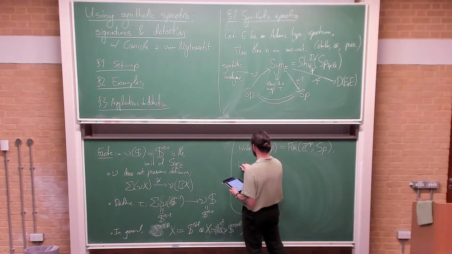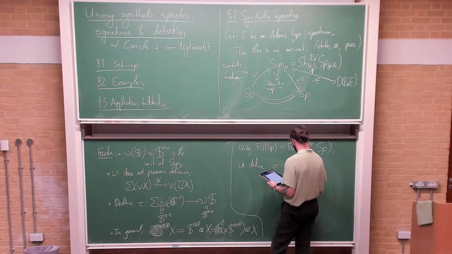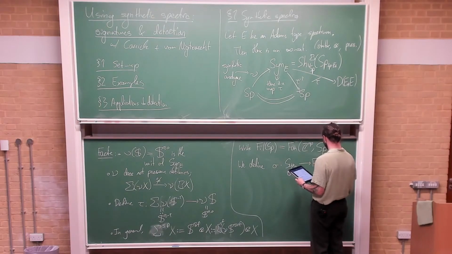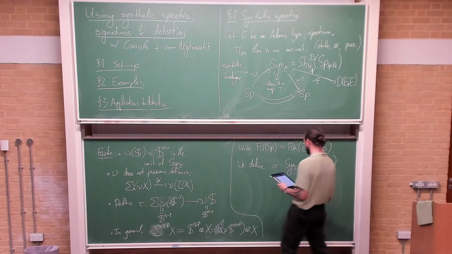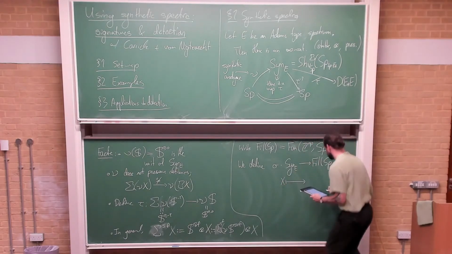So we define a functor sigma, which goes from synthetic spectra to filtered spectra as follows. It takes your X and it does the following.